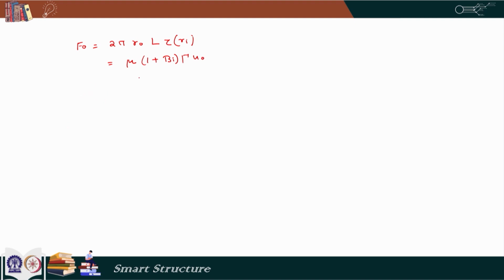So, this quantity helps us find the active damping coefficient, and we can write that as F_0 by u_0, and that we get as mu into 1 plus Bi into capital gamma.